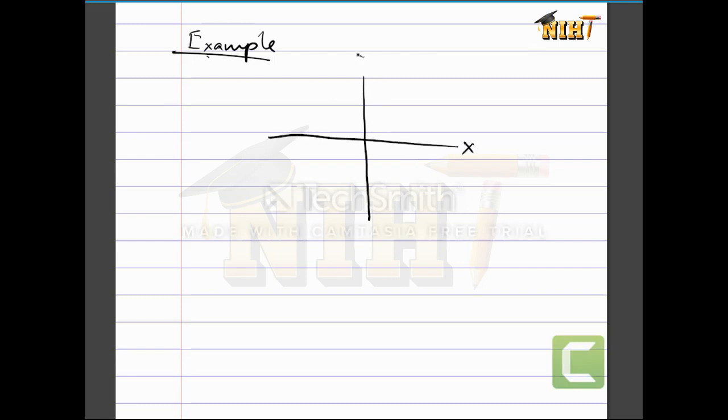This is the x-axis, this is the y-axis. We have a parabola like so, and a straight line like so. And we are interested in the area given by this dotted region.